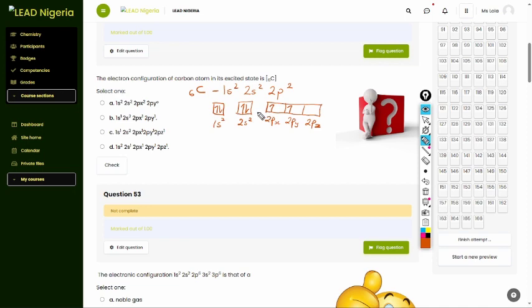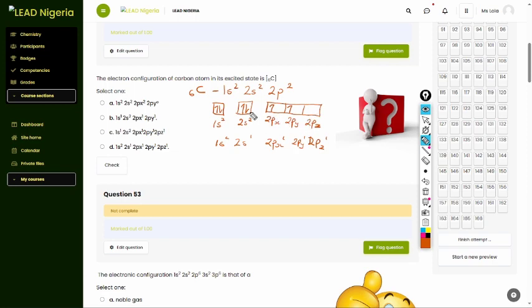So when the carbon atom gets into its excited state, one of the electrons from the 2s gains energy and jumps from this lower energy and enters into a higher energy 2pz. So what it actually looks like is 1s2, 2s1, then 2px, 2py, and 2pz each having 1, 1, and 1.